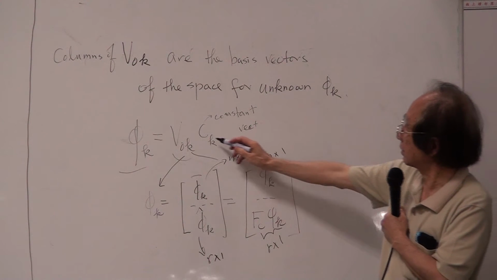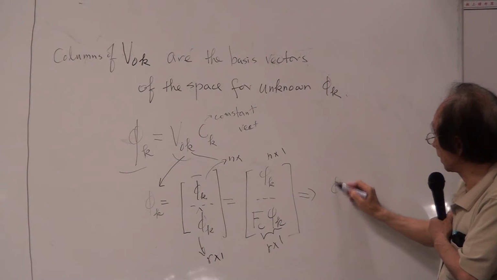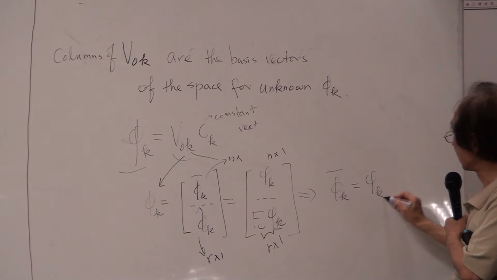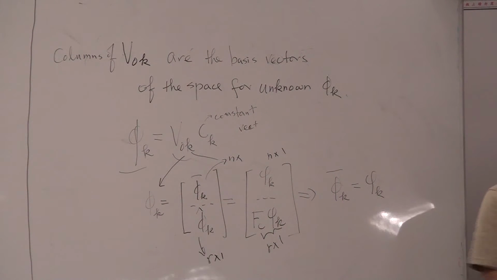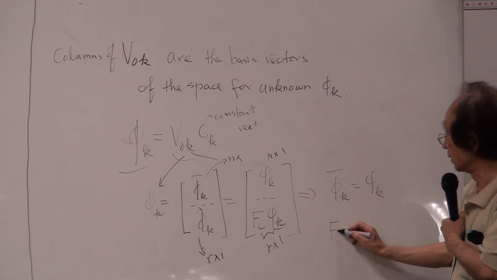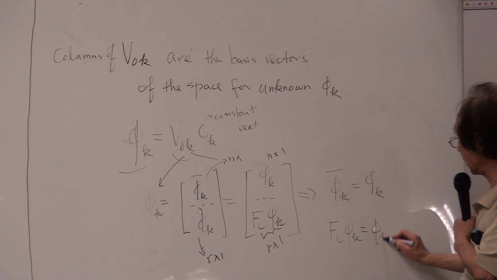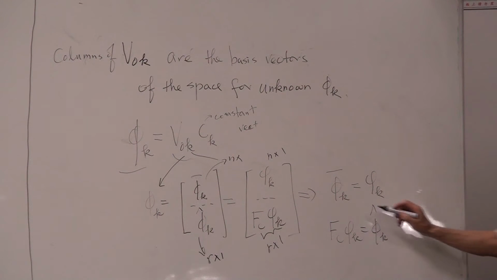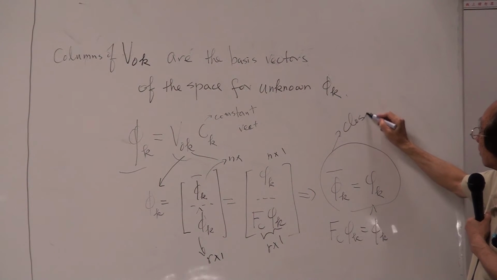As soon as we determine Ck, then we can make this Vk bar equal to my closed loop eigenvectors, and then I can make F equal to Vk hat. Okay. Now this one determines the closed loop eigenvector.